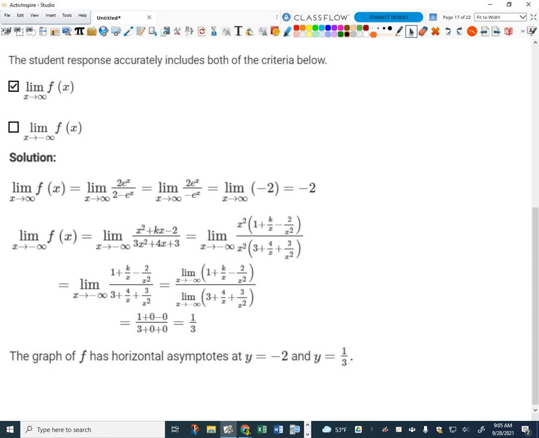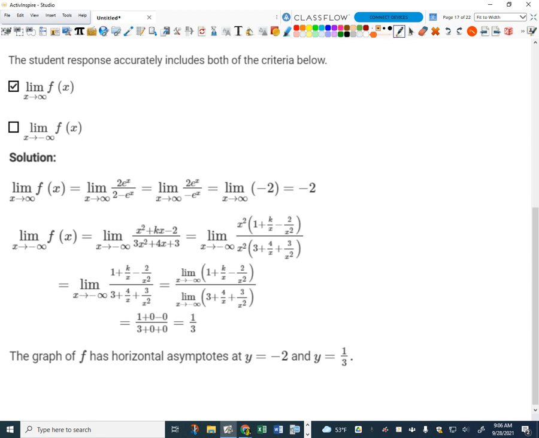I think you can just jump right to the limit. I really don't think you have to show all that, because we know that we have a rule here. If we're taking a limit of rational functions, if the degree of the top polynomial is equal to the degree of the bottom polynomial, the limit's equal to the ratio of the leading coefficients, right? That's what I would say. I wouldn't bother with all this stuff.